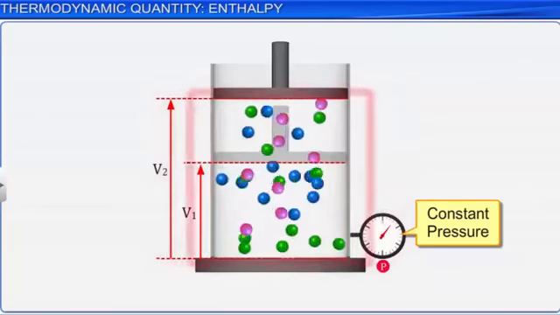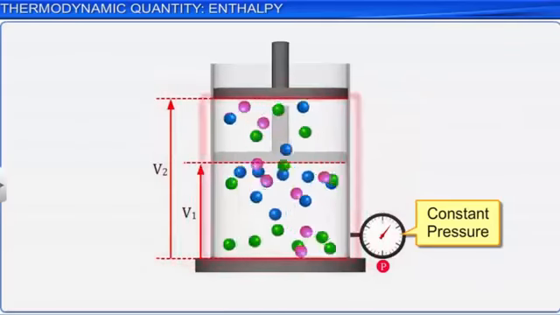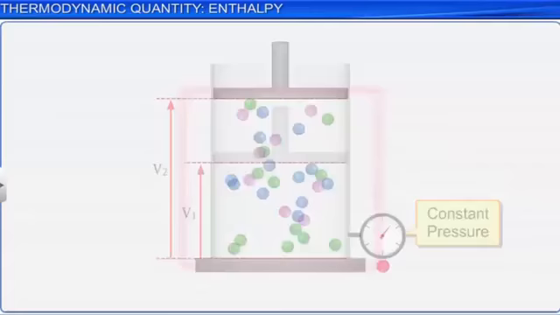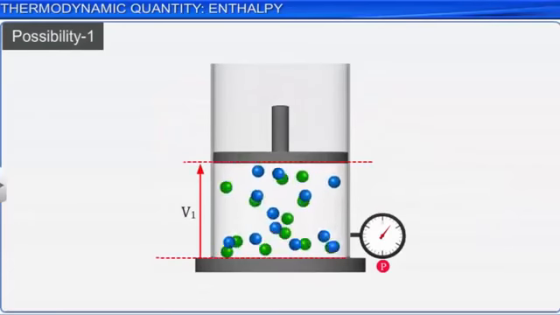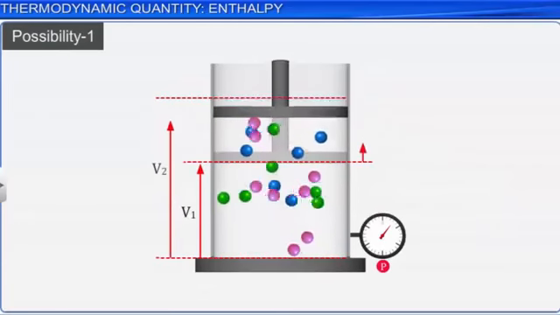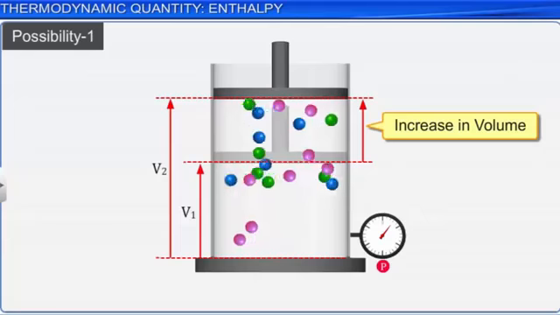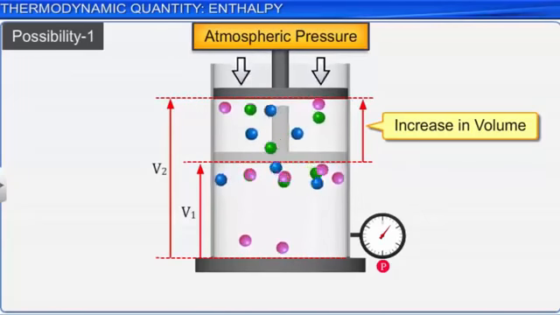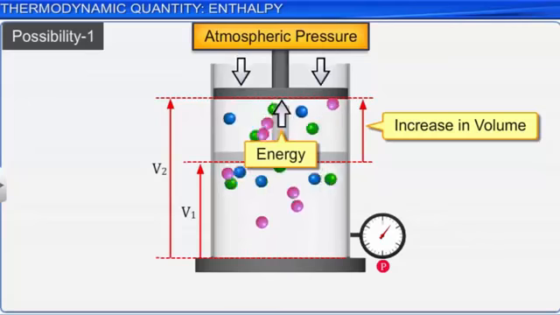When the reaction proceeds at constant pressure, two possibilities arise. One possibility is that if the reaction is carried out with increase in volume, then the system has to expand against atmospheric pressure and energy is required to perform this act.